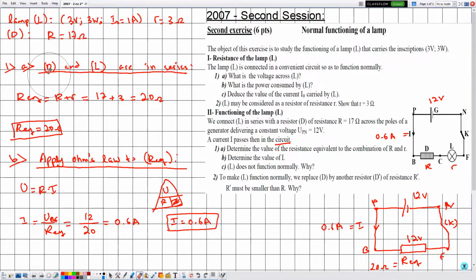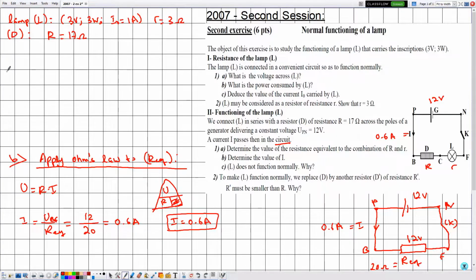Then let's say we are in part C. Since the traverse current, which is in this case 0.6 amperes, is less than the rated current of the lamp L. This is because 0.6 amperes is less than 1 ampere.